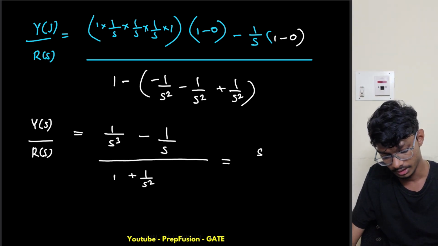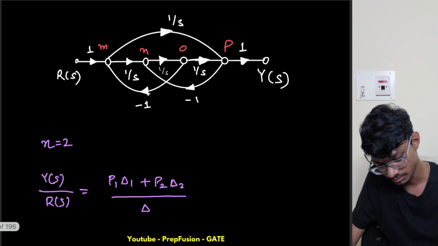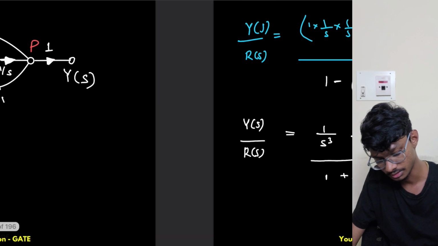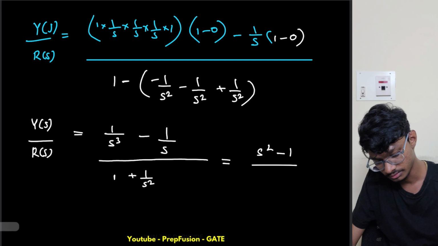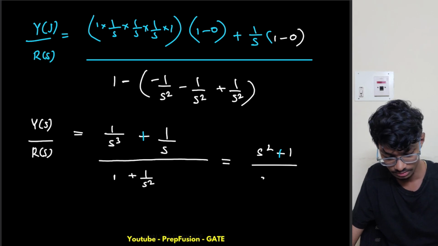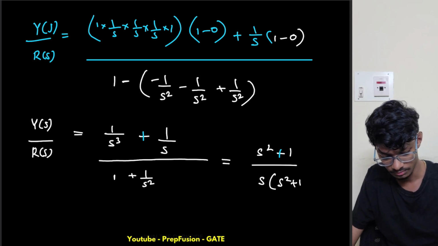So this becomes s square minus 1. Actually, this should be plus 1. Yes, this should be plus 1, sorry. These types of silly mistakes happen in the GATE examination also. This is plus 1, and this is s times s square plus 1.